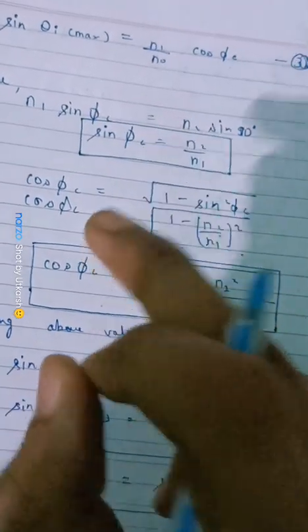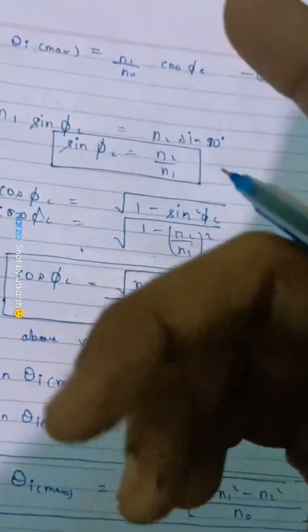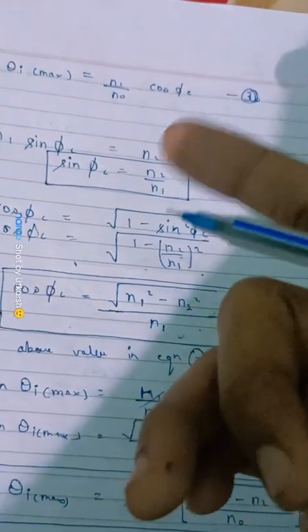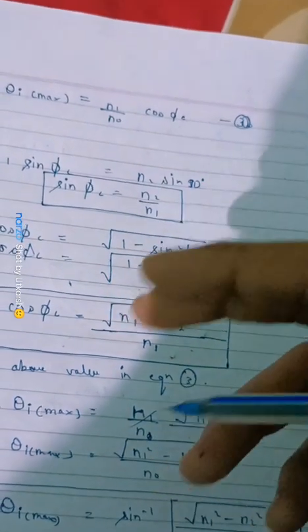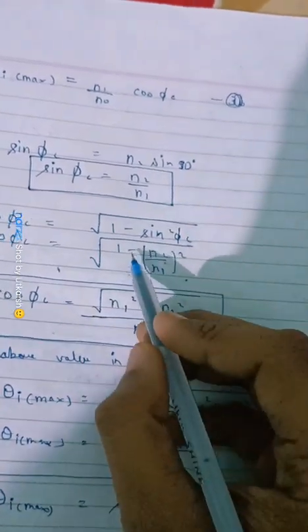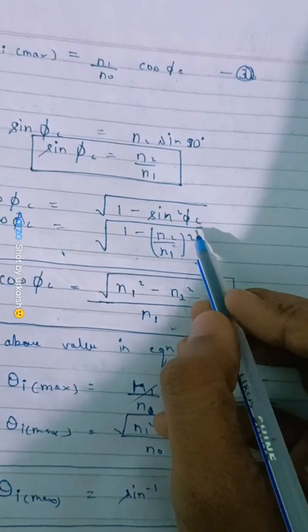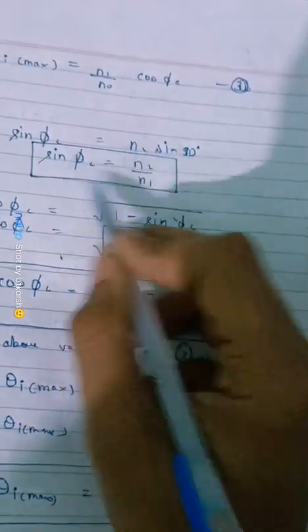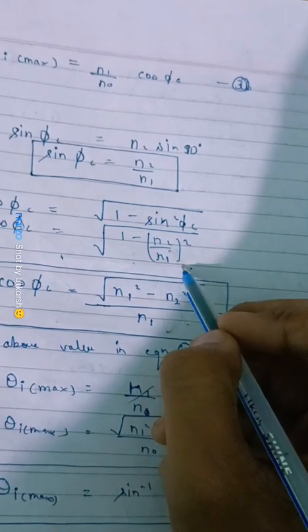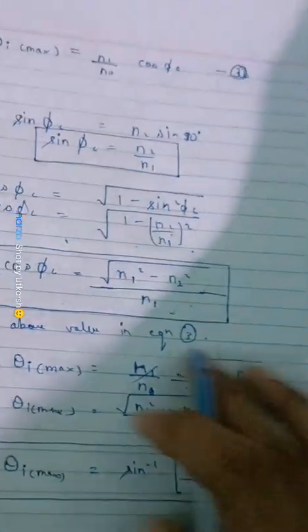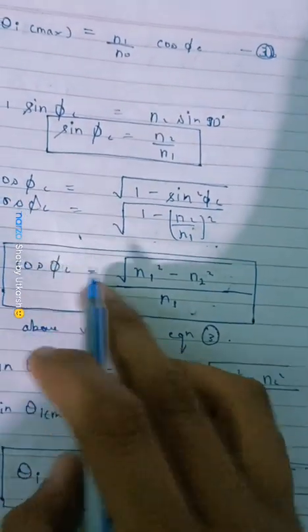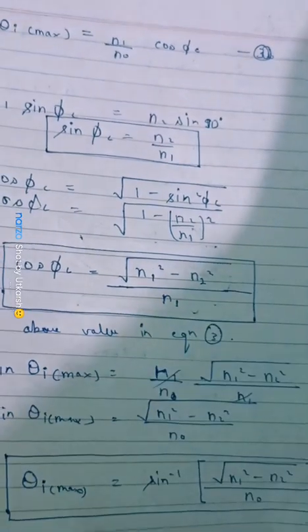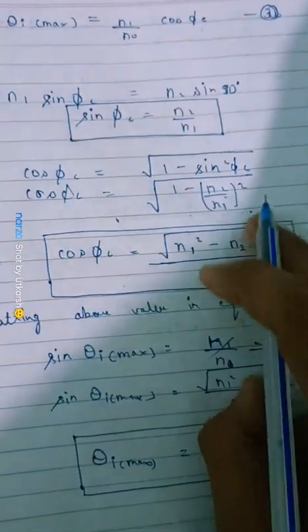Now we use sin square theta plus cos square theta equals 1. So cos phi c is written as the square root of 1 minus sin square phi c, and sin square phi c is this value. We square this value and write it like that. Now we will get the value of cos phi c.